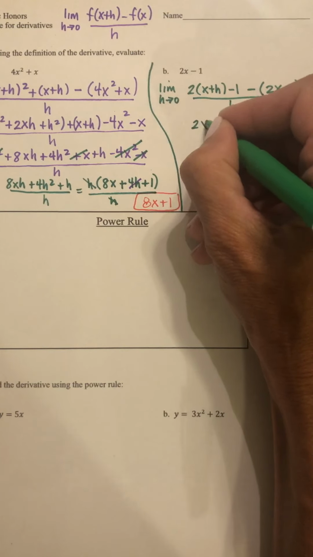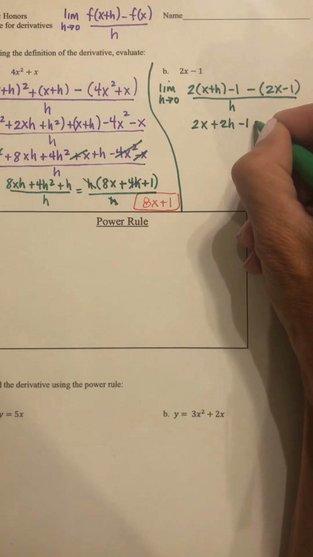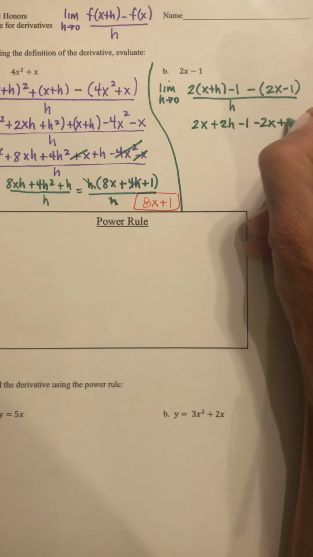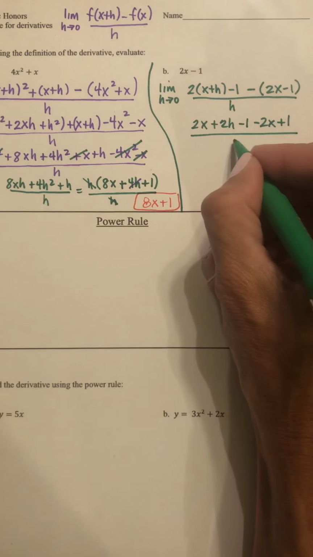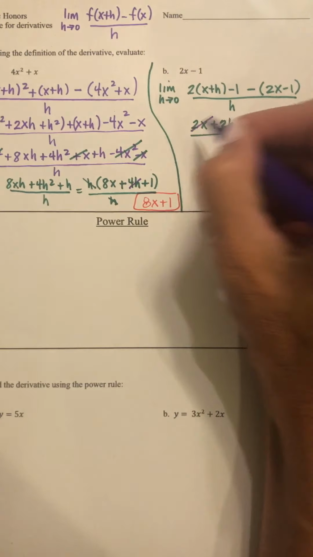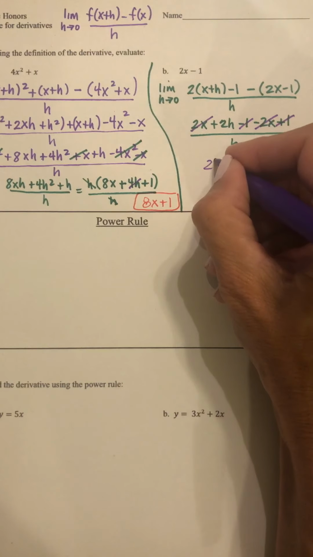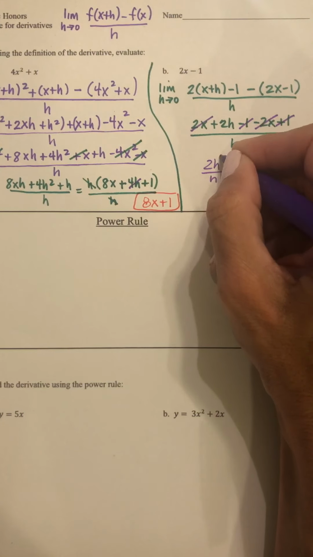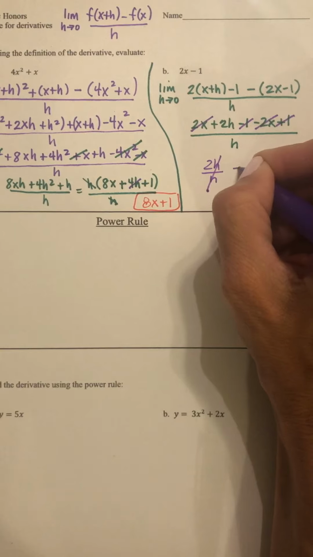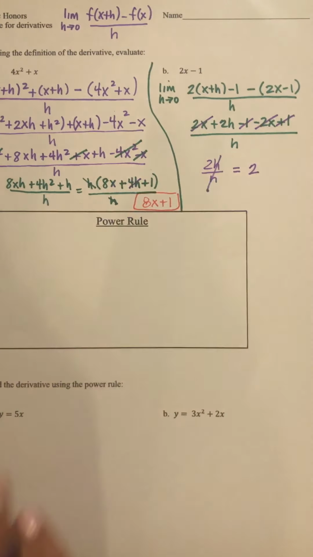All right, so I have 2x plus 2h minus 1 minus 2x plus 1 all over h. So let's see. 2x, negative 2x is gone. 1, negative 1. All right, so I'm left with a 2h over h, which my h's will cancel, and my derivative by using the definition is 2.